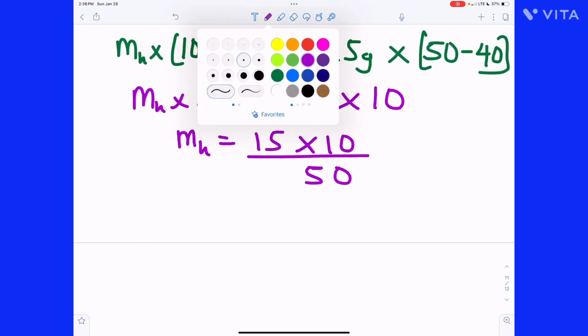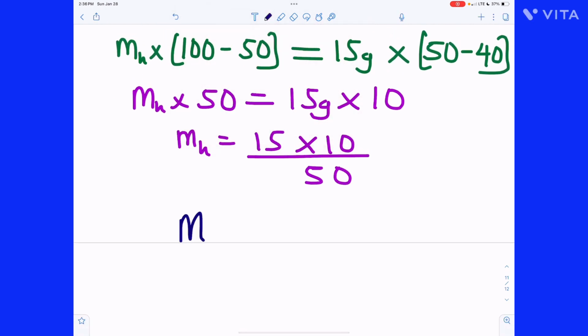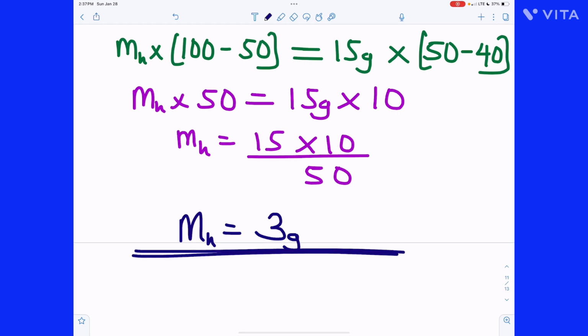So what's the initial mass of hot water? Mass of hot water will be 150 over 5. What does that give you? 3 grams. The mass of hot water should be 3 grams to get that final change in temperature.